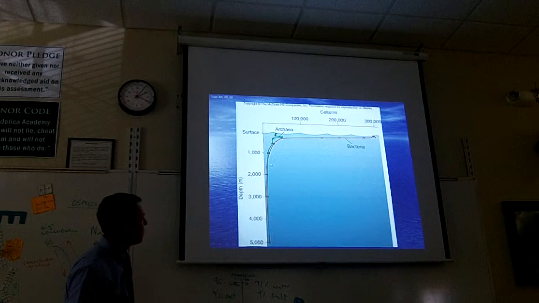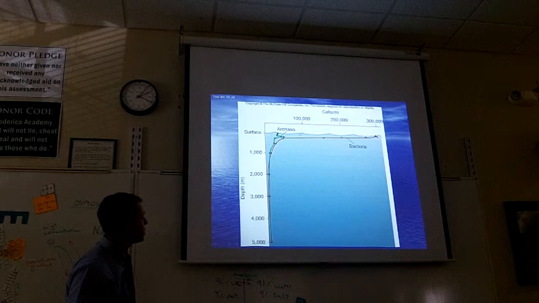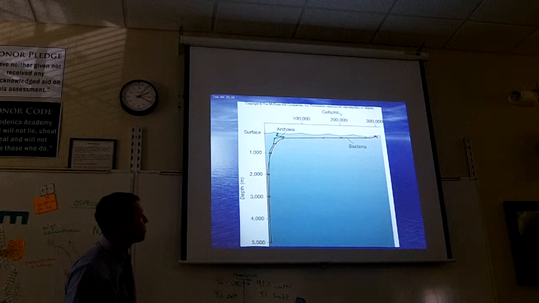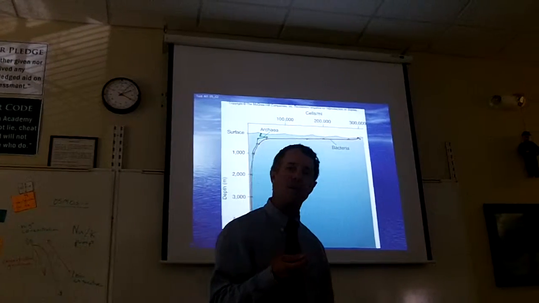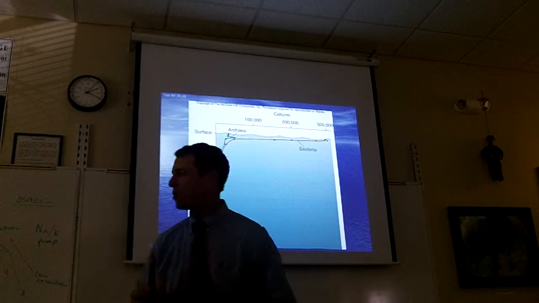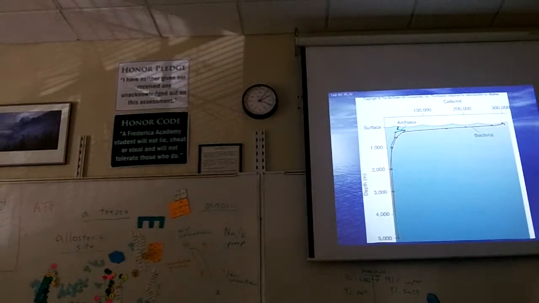This is a graph showing how common these things are. If you're at the surface, there's about 300,000 bacterial cells per milliliter of water. Do you know how much a milliliter of water is? It's a 1,000th of a liter, a very small amount.